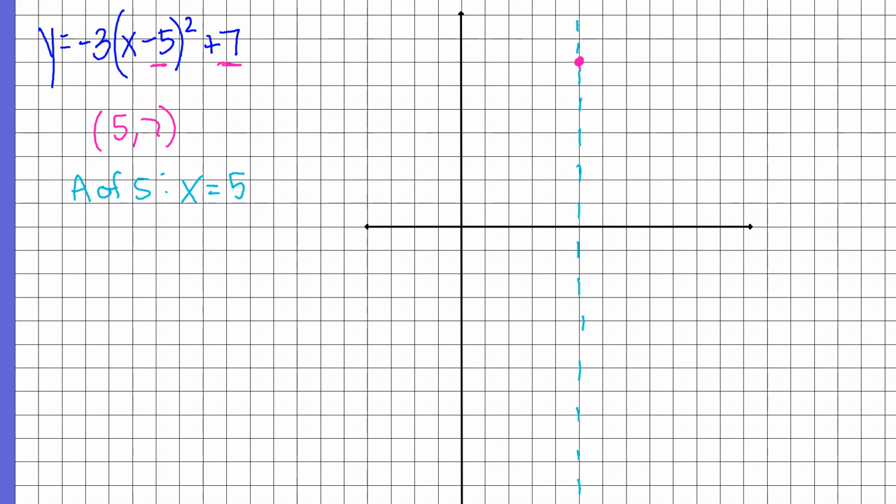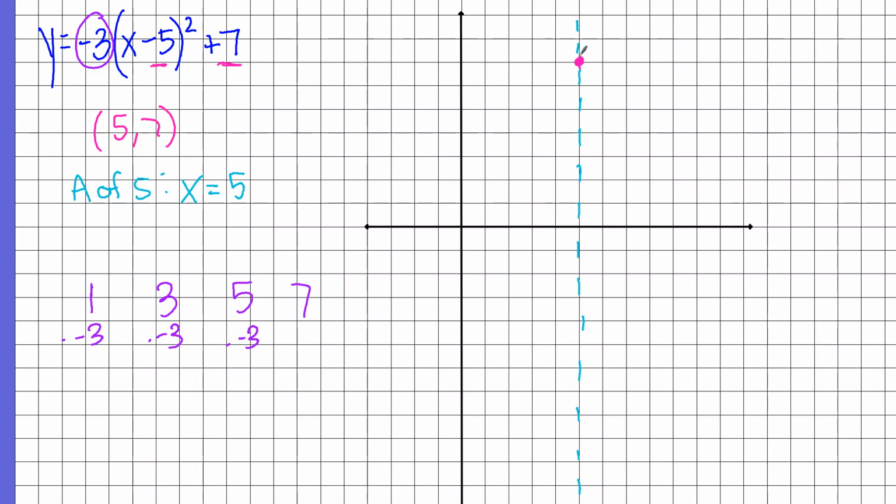And now we can use that pattern to find some other points. So normally the pattern would be 1, 3, 5, 7, and so forth. But here our a value is -3. So I'm going to take each of those and multiply it by -3.